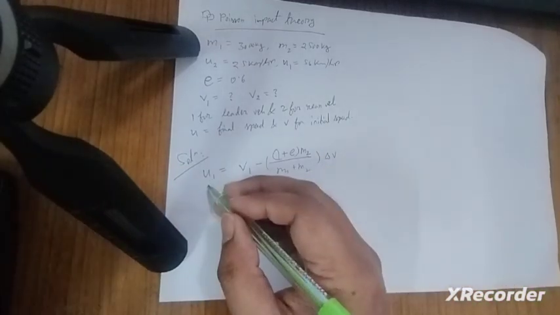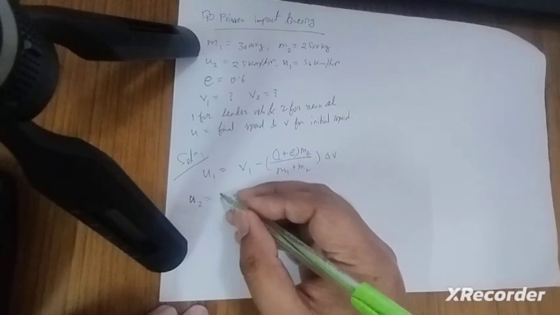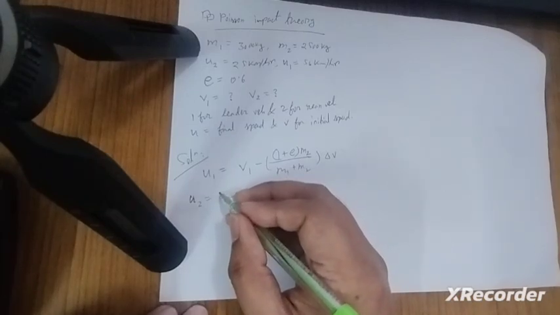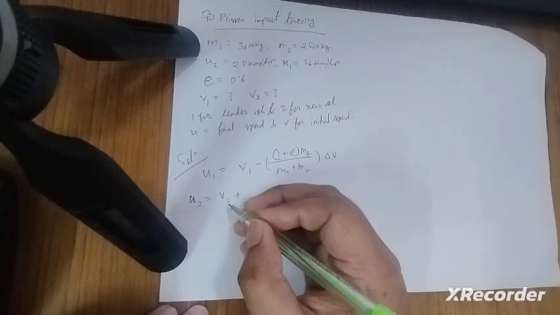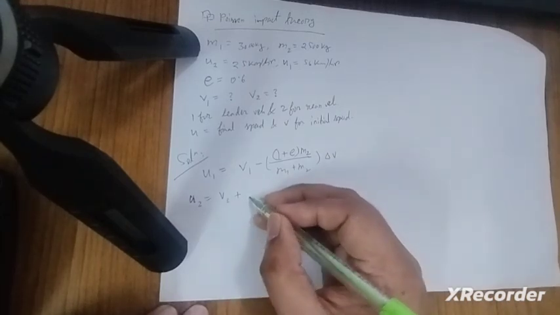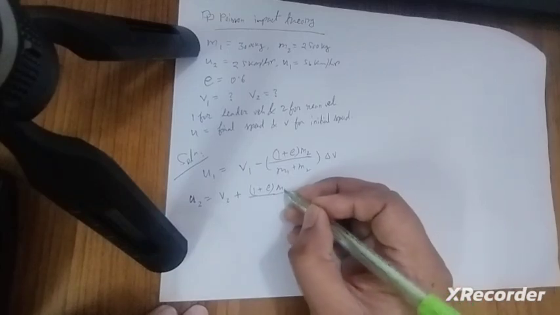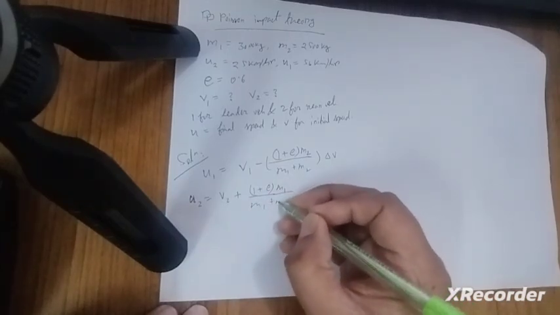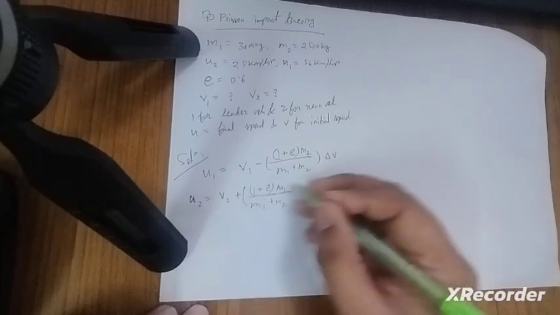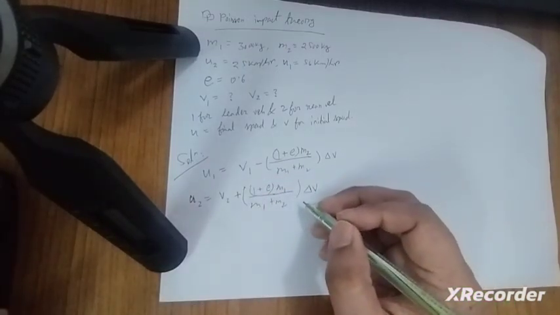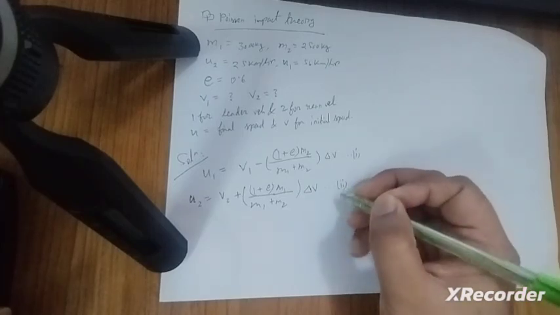This will be for u1. And u2, the rear vehicle's final speed, will be v2 plus (1 plus e) into m1, in the denominator m1 plus m2, multiplied with delta v. So these are the two formulas. We have to use formula 1 and formula 2.